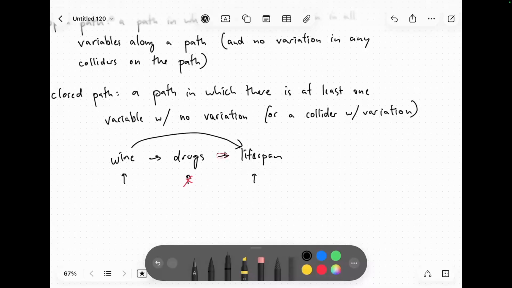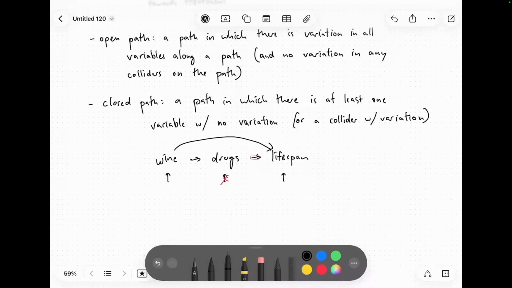I have parentheses here. In an open path, you want variation. In a closed path, you don't want variation, with the exception of collider variables. What is a collider variable?